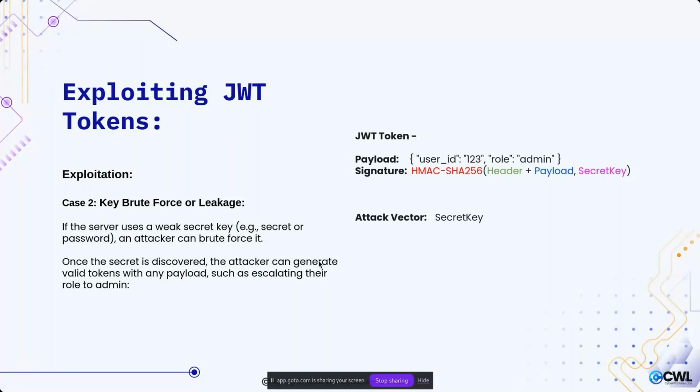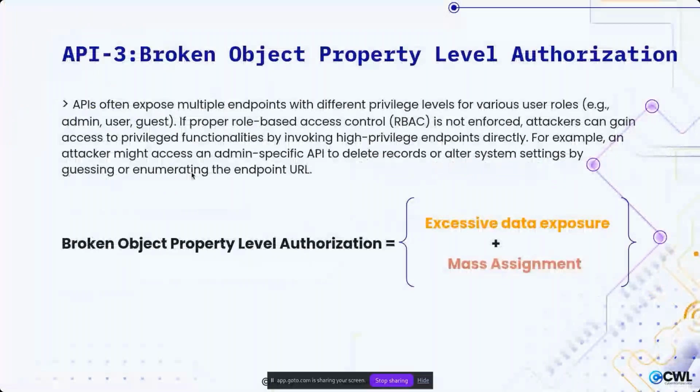Then we have broken object property level authorization. In the OWASP 2023 list, excessive data exposure and mass assignment merged, and it became broken object property level authorization. APIs often expose multiple endpoints with different privileged roles. Like if we see any server, we have multiple roles.